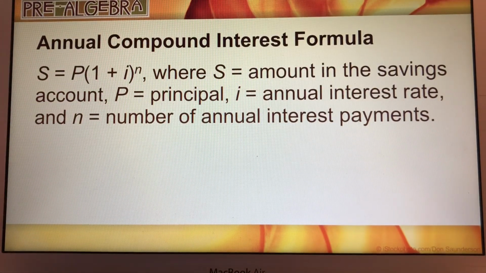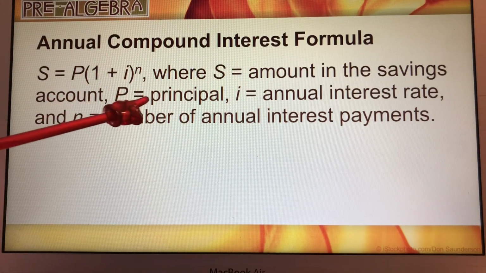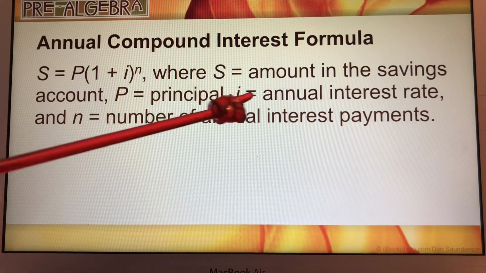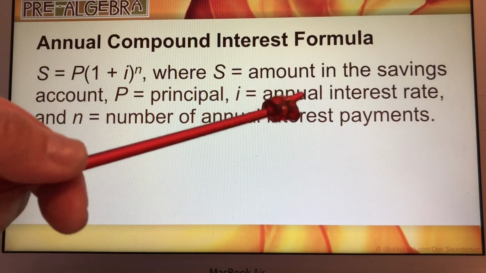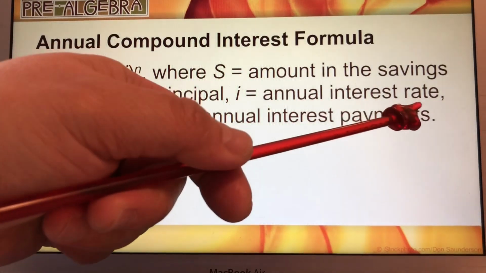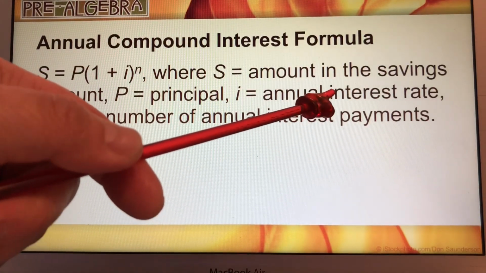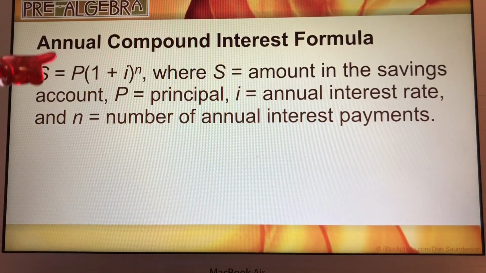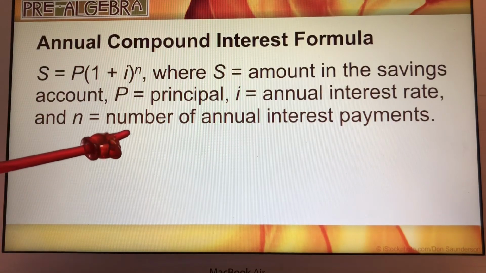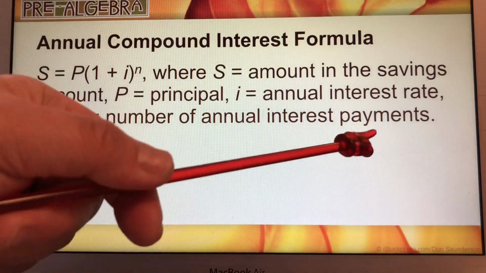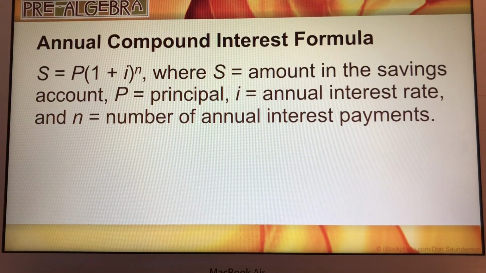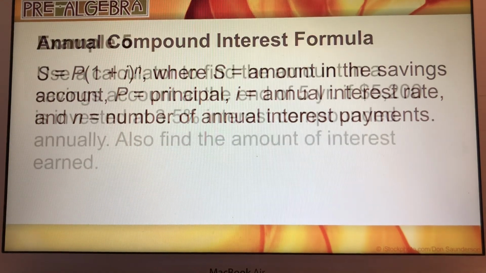P equals the principal, like the $10,000 in the previous problem. I is the annual interest rate, 4% or 15%, whatever the percentage is. And N is the number of annual interest payments. All right, we're going to take a look and see what all this means.